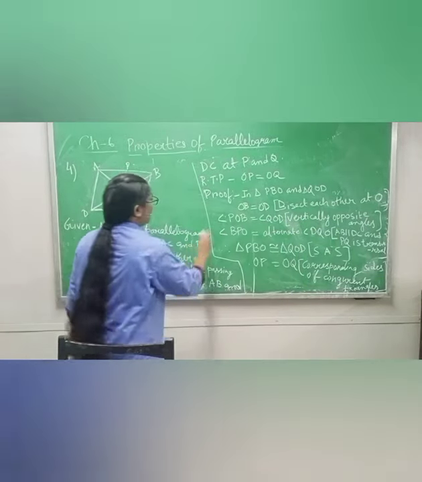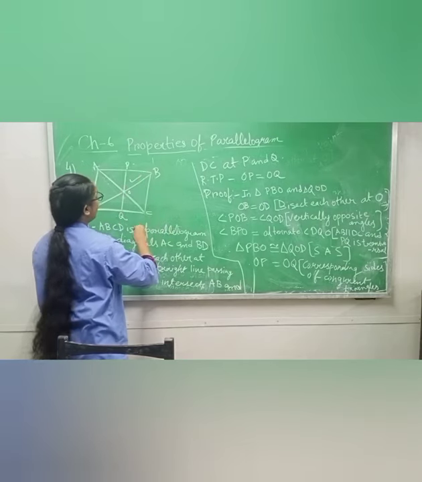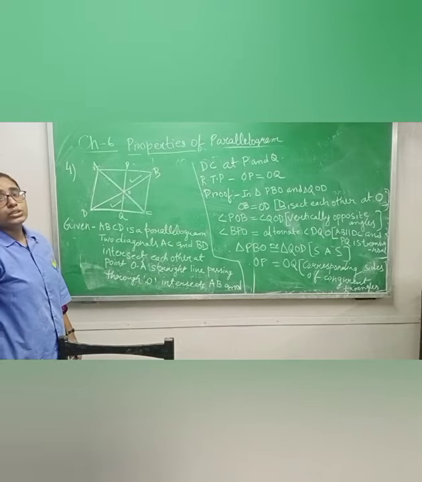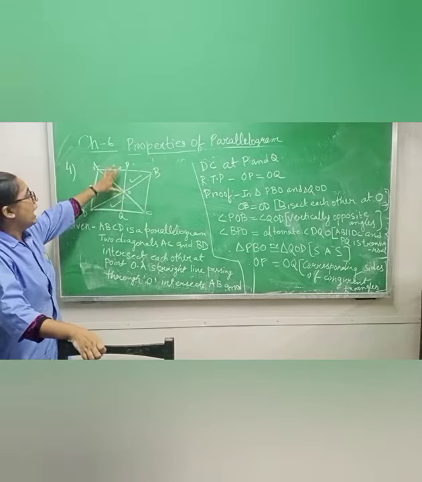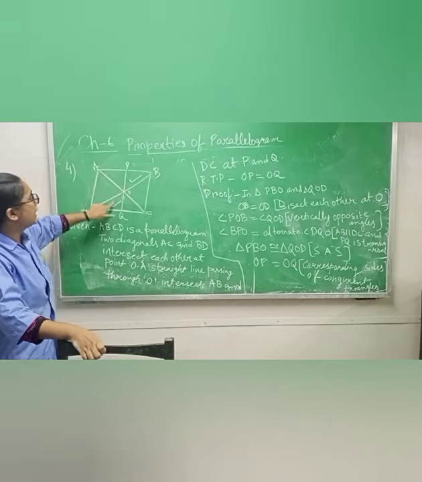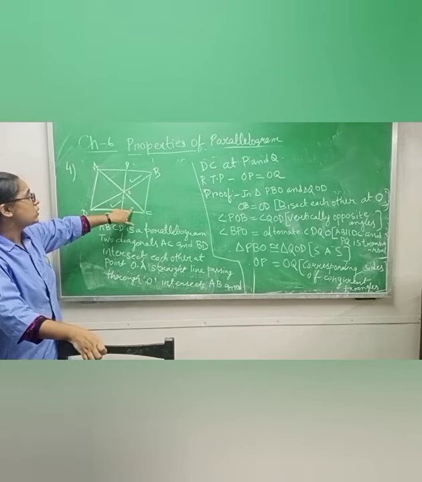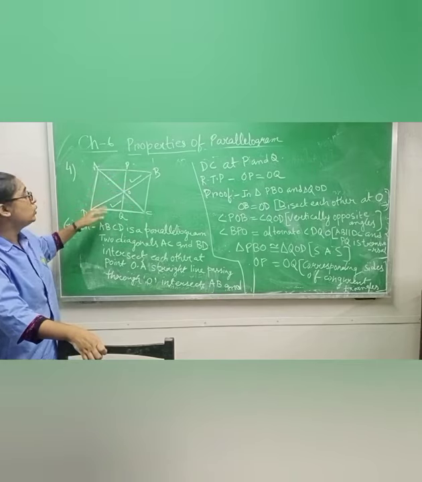PBO, this triangle, and QOD, this triangle. Why am I taking these two triangles? Because we have to prove OP equals OQ, and we know that OP and OQ we will get in these two triangles. That is why I am taking PBO and QOD.